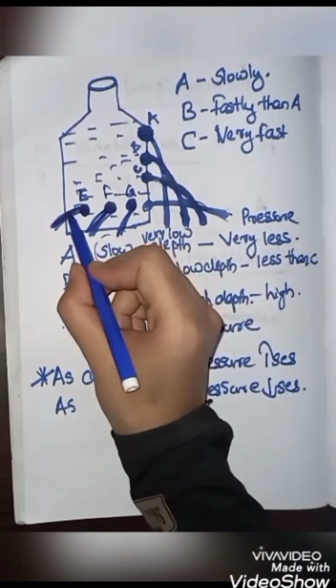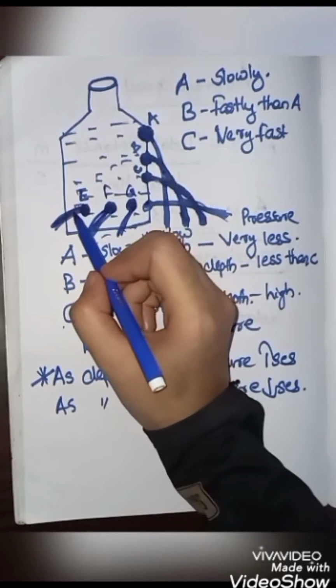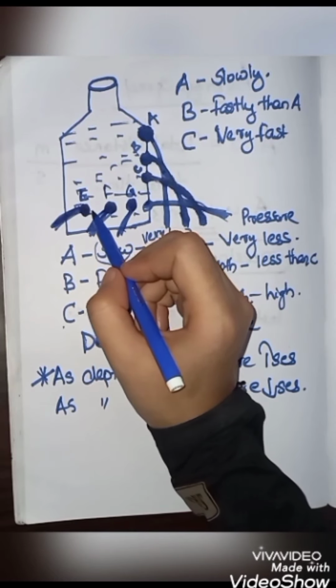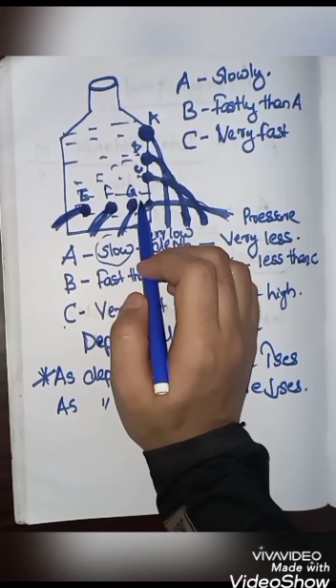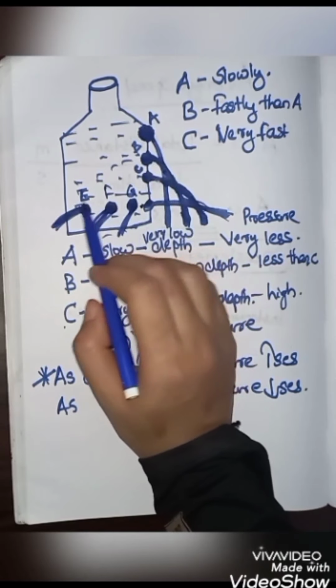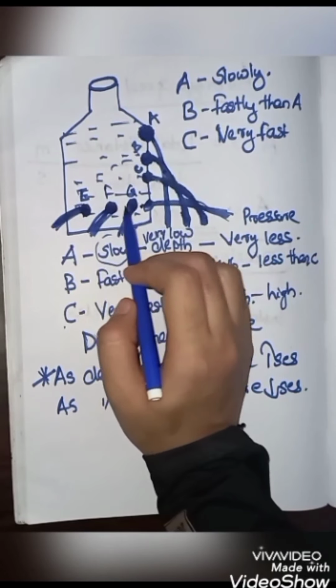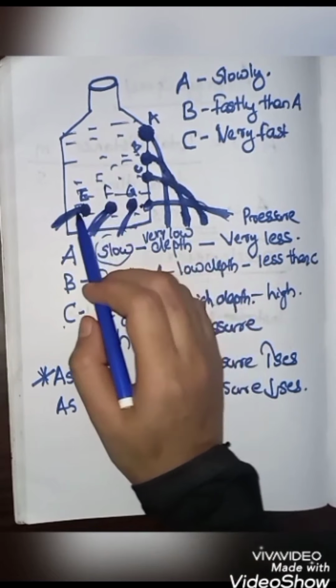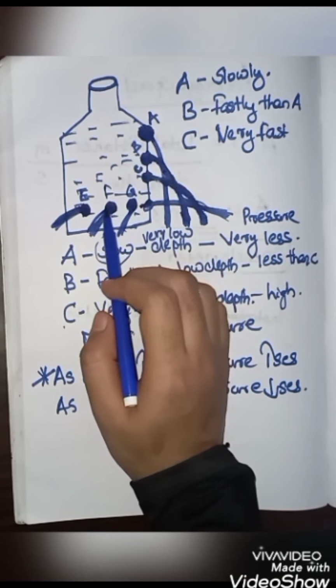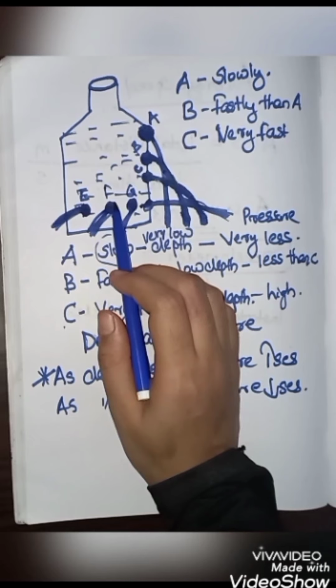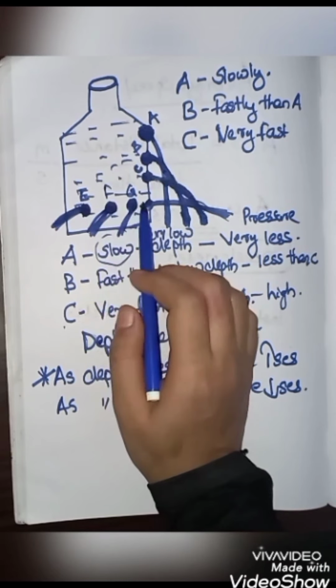At the same depth the water exerts the same pressure. These 3 holes are at the same height or the same depth, so the water will flow with the same speed.